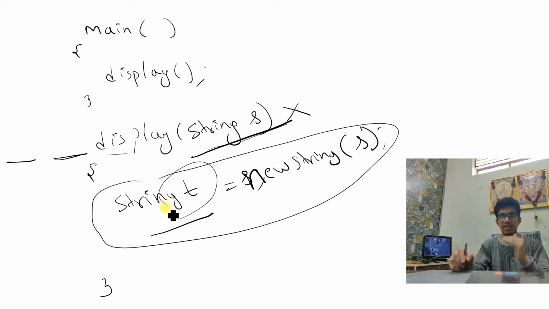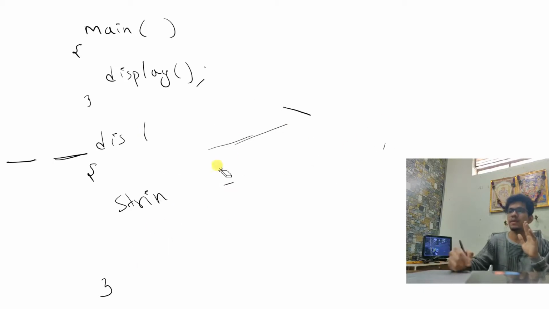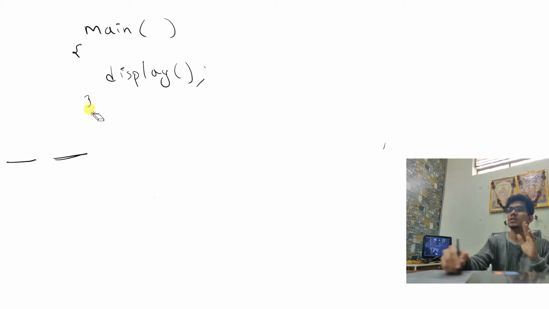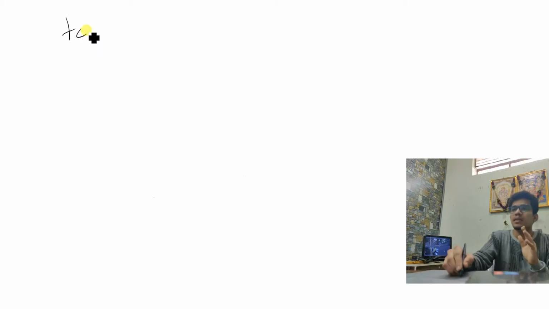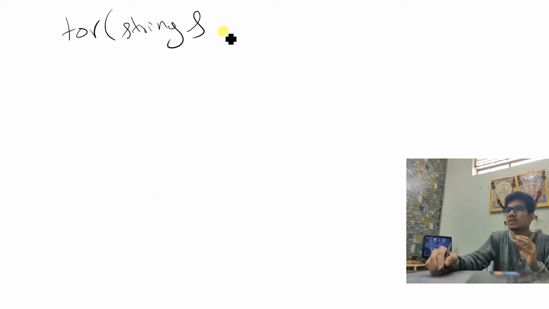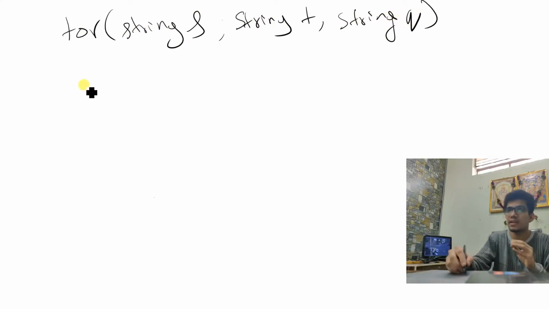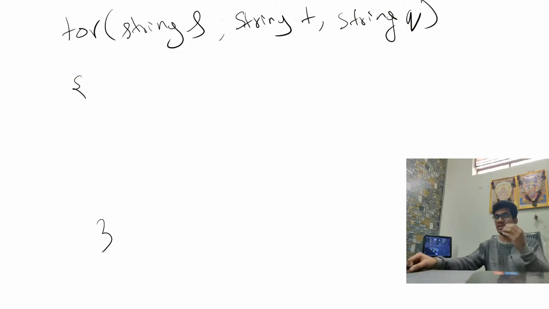Whatever variables you create, on that you have to see how much memory it is taking. For example, let's imagine I have a string s, then I accept one more string t, and one more string q. So how many strings am I accepting?